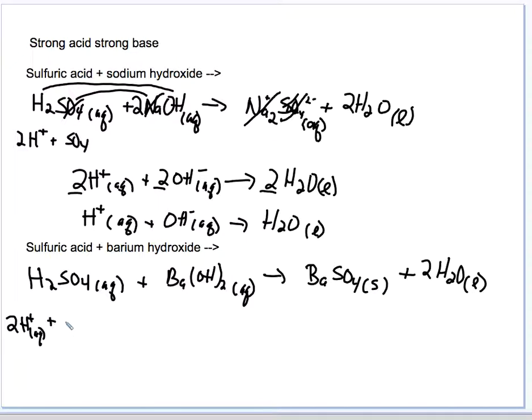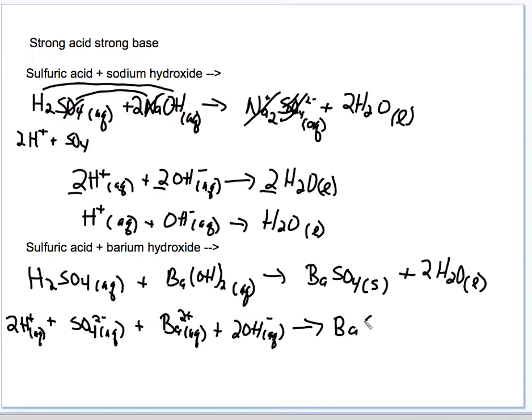All right, but anyway, plus a sulfate, SO4 2- (aq), plus a barium 2+ (aq), plus 2 hydroxides. Okay, because the net ionic equation is showing which things are ions in solution and which things are not. Okay, now that's going to yield barium sulfate, but it's going to be a precipitate.